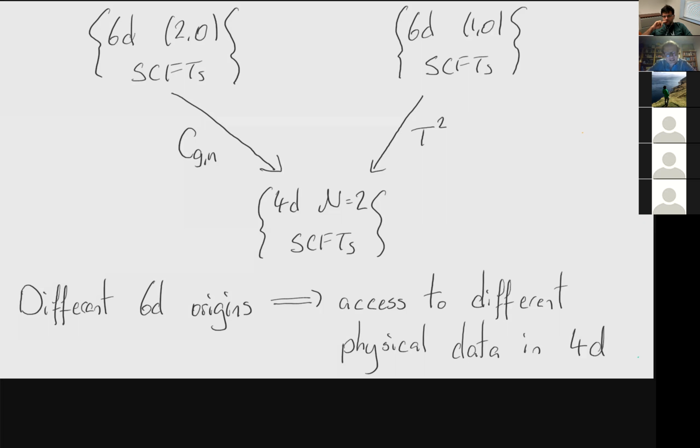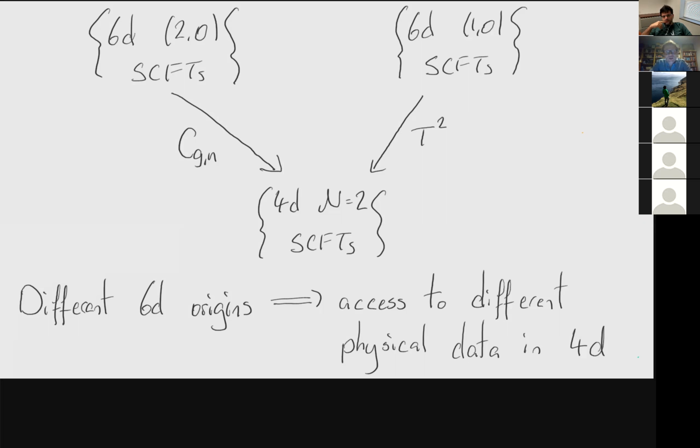However, you might ask, there are also 6-dimensional superconformal field theories with 8 supercharges. They're called the (1,0) SCFTs. And compactifying these theories on a torus will also give you a 4D N=2 SCFT. So perhaps an interesting question just in its own right is, is there overlap between these two sets?